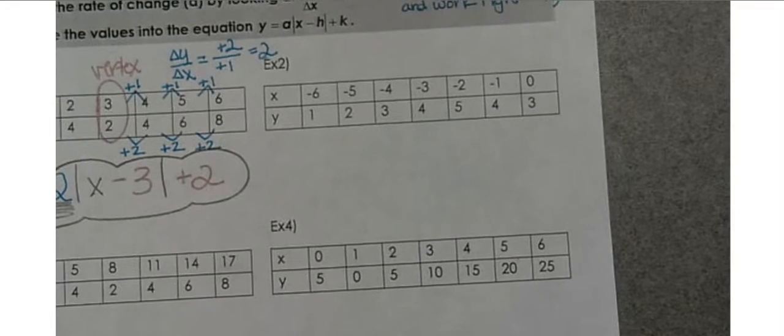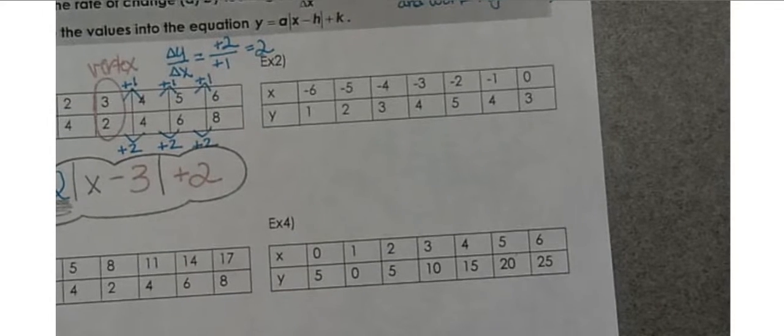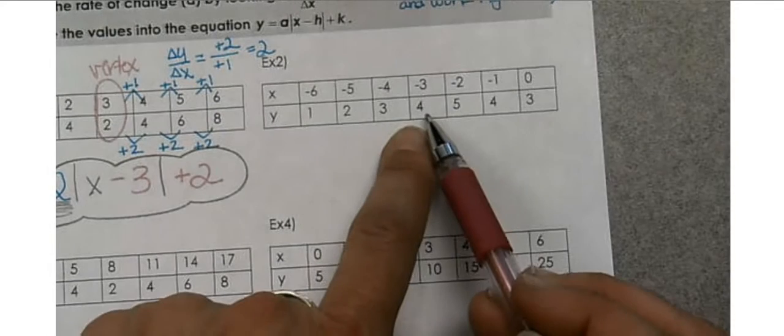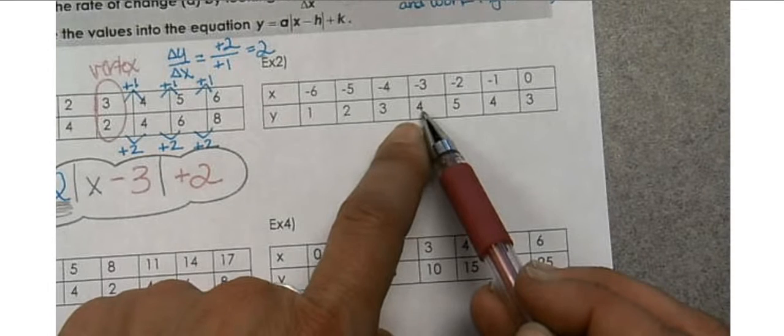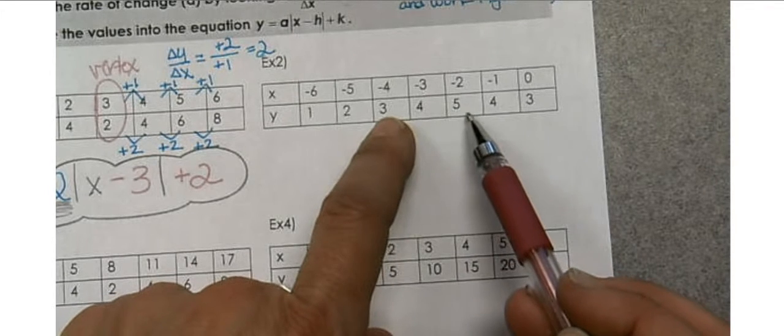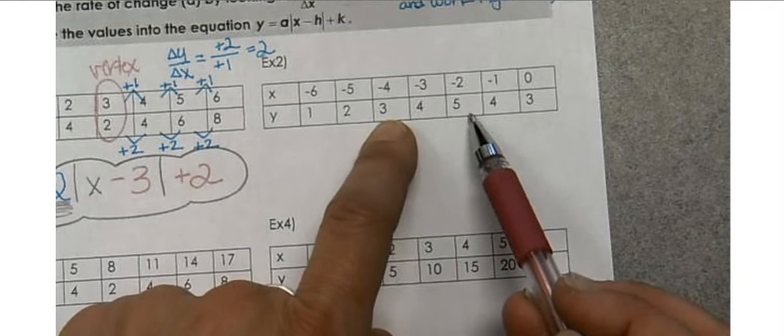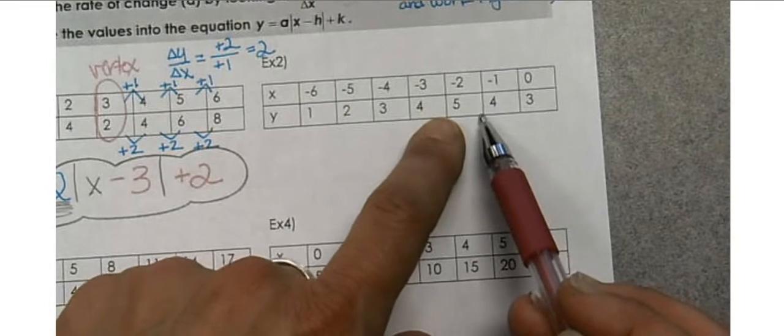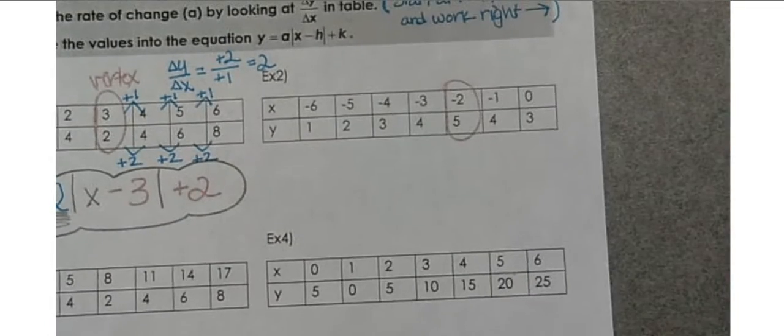Example 2. Notice the middle of our table doesn't have symmetry. You see how if we look at 4, 3 and 5 are not the same. We want to find where, when we look on both sides of the number, we have the same number. Notice that happens here at -2, 5. This is our vertex.